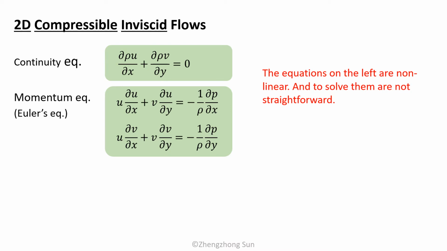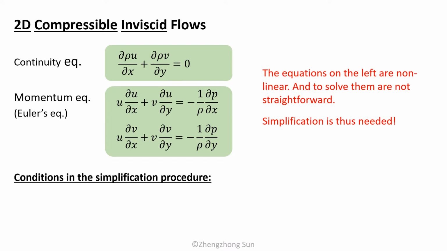So we need to simplify these three equations. Before we do the simplification, we need to put the procedure onto a few conditions, which we call conditions in the simplification procedure.